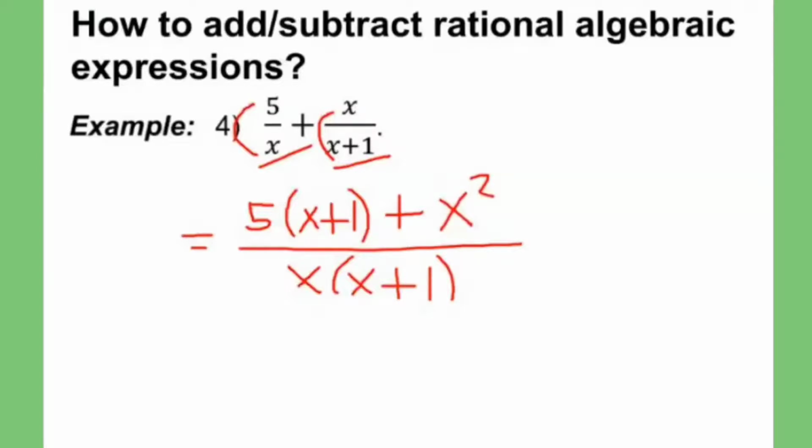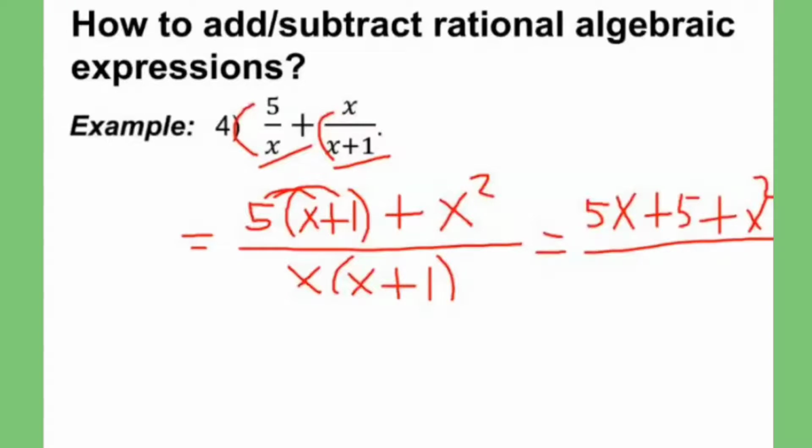This time, i-simplify natin yung ating numerator. We use distributive property. 5 times x plus 1, so we have 5x plus 5, then we copy the remaining term x squared. All over, we can also now multiply x to x plus 1. So we have x squared plus x.